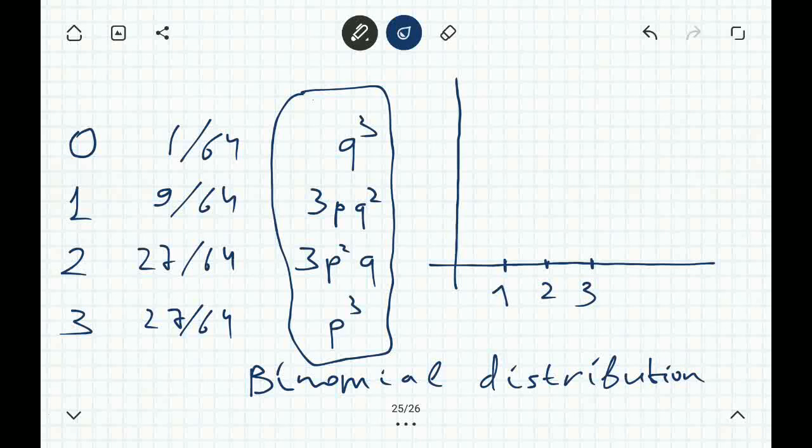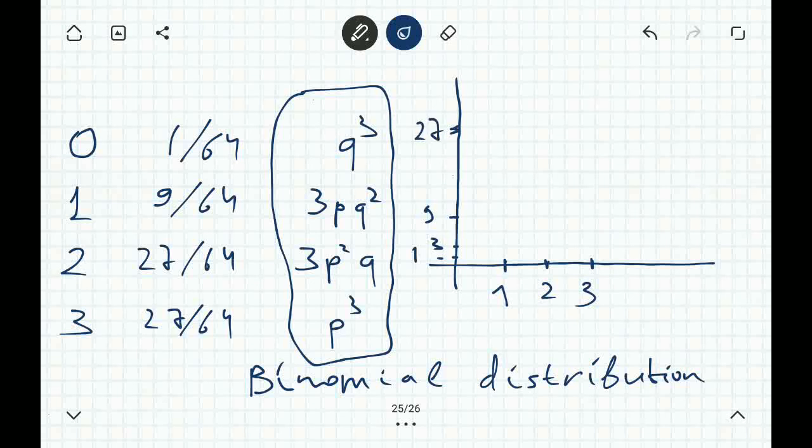Well, maybe let this be 3, then this will be 1, and then this one is 9, and here we'll have 27.